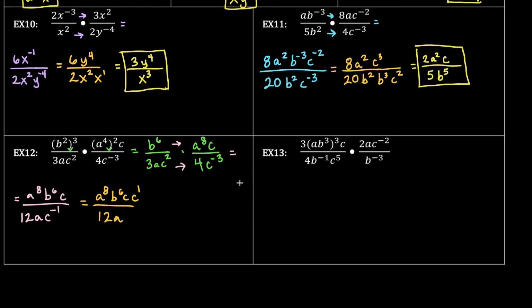And then I end up with the 12 on the bottom still. A to the 8th, A on the bottom, A to the 7th on top. B to the 6th on top. And C to the 2nd, right?